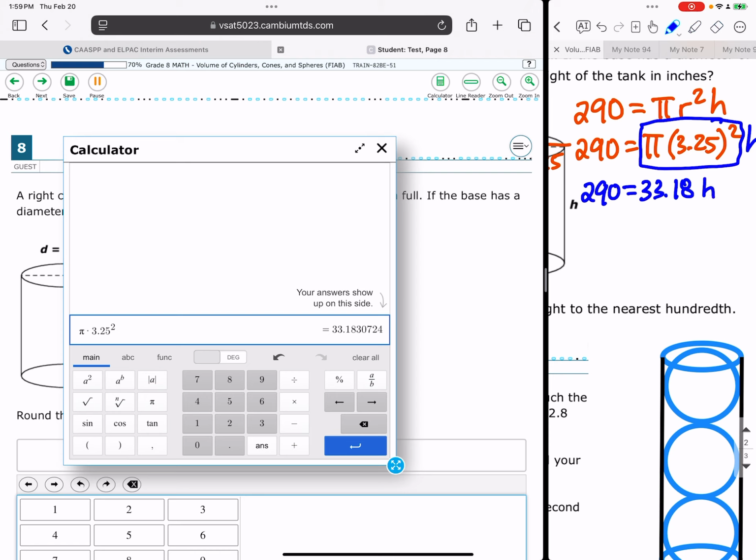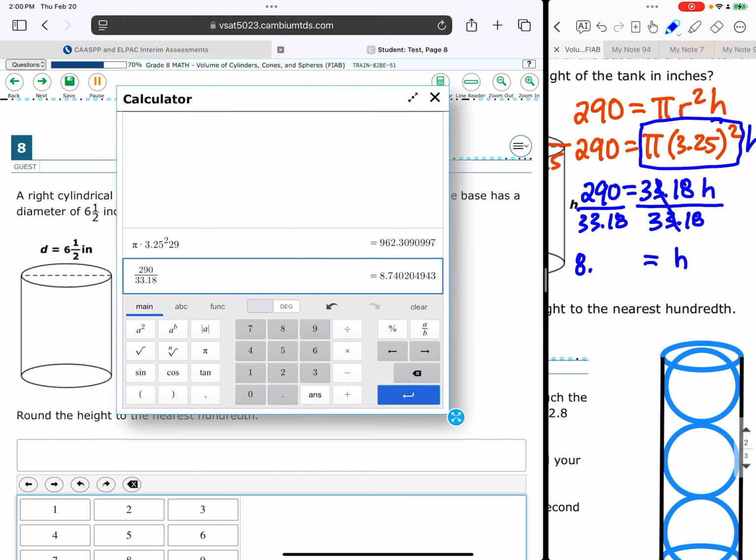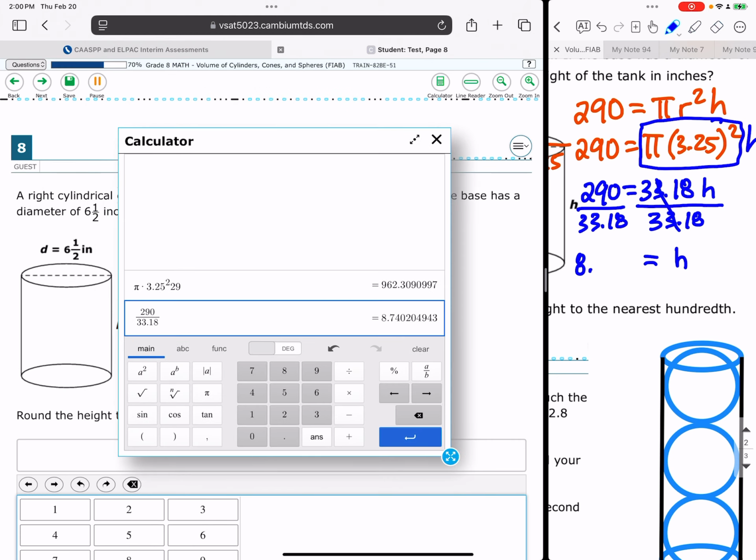Well, 33.18 times the height is 290. So I've got to figure out what the height is. I'm going to divide by 33.18, and that cancels this out. The height must be 290 divided by 33.18. Rounding to the nearest hundredth, it's 8.74.